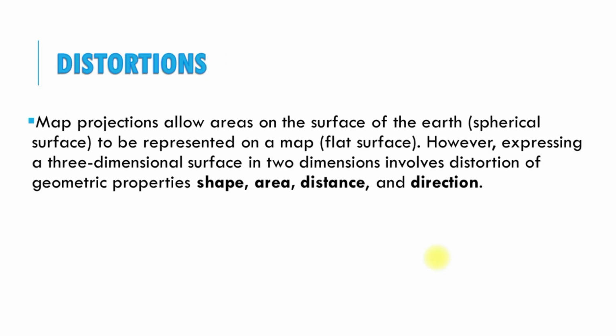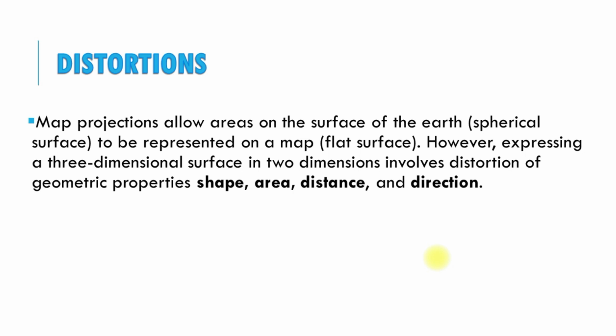Distortions. Map projections allow areas on the Earth's spherical surface to be represented on a flat map surface. However, expressing a three-dimensional surface in two dimensions involves distortions of geometric properties such as shape, area, distance, and direction.